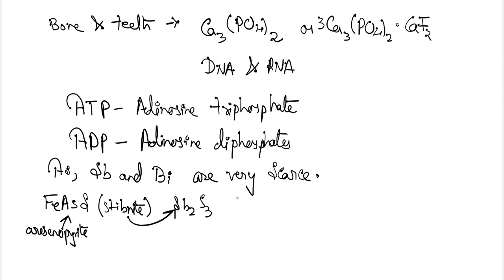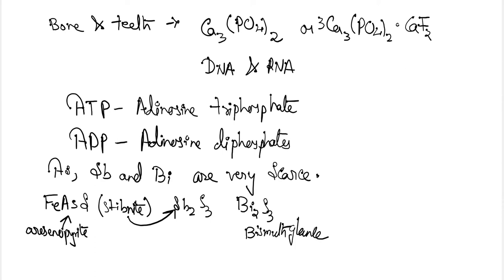And the last is bismuth glance, that is Bi2S3. These are some of the important ores of arsenic, antimony, and bismuth.